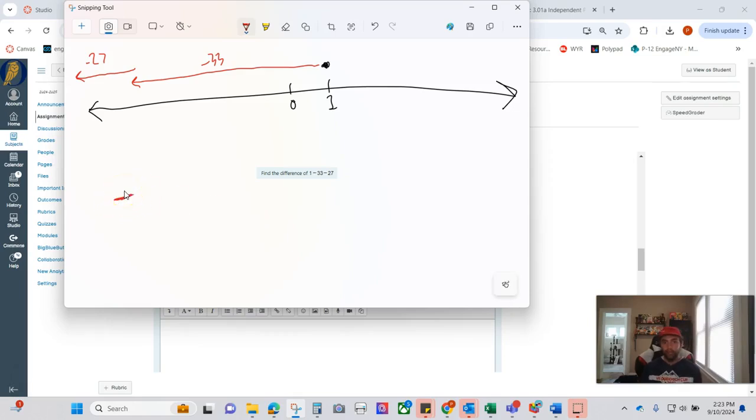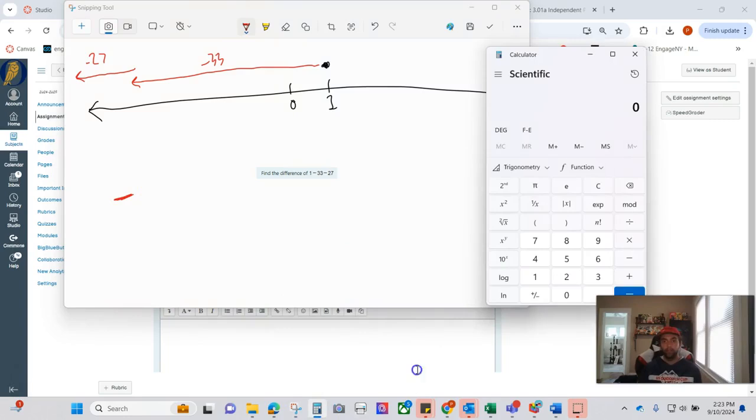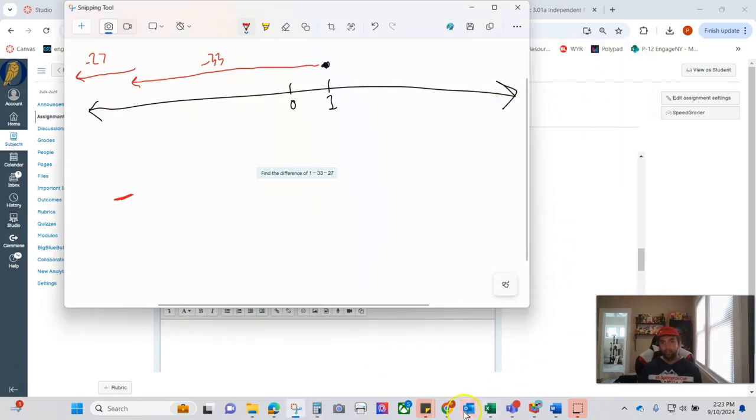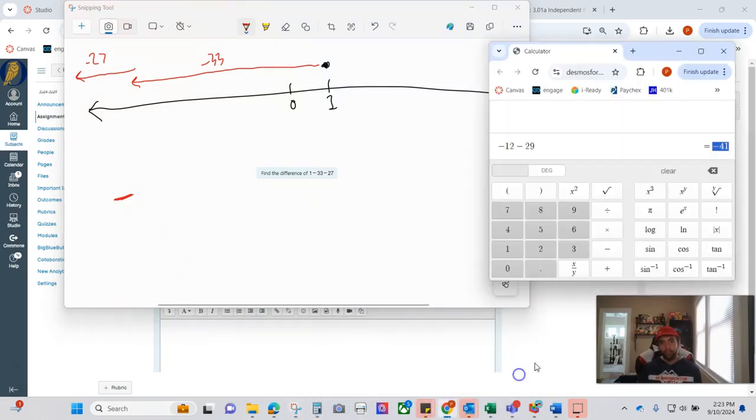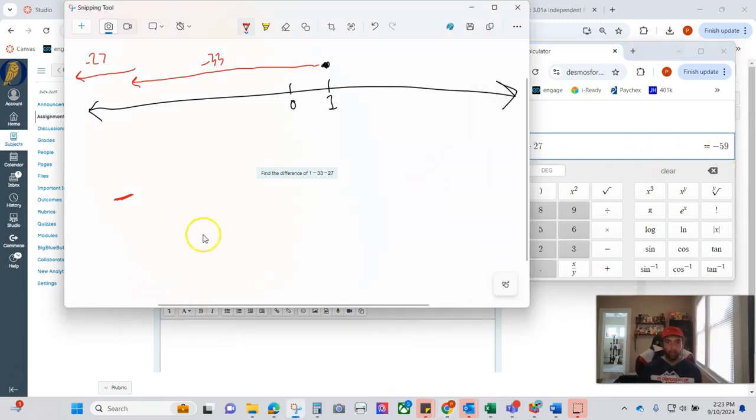But just how negative? Let's use our calculator and test it, to see just how negative. So we start with 1, then we minus 33, and minus 27, and we have lost 59 all together.